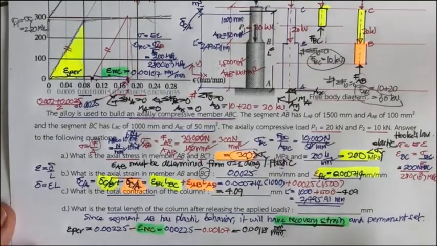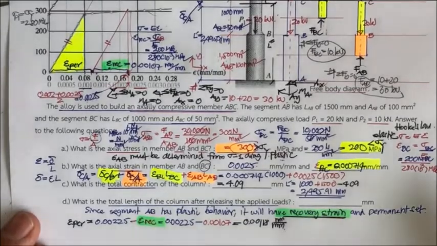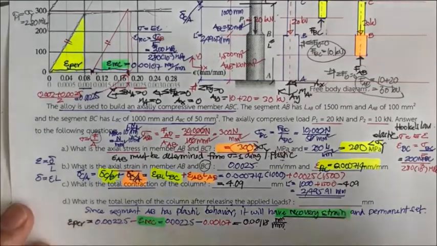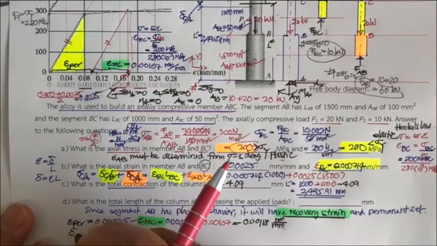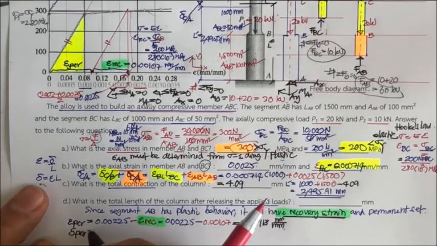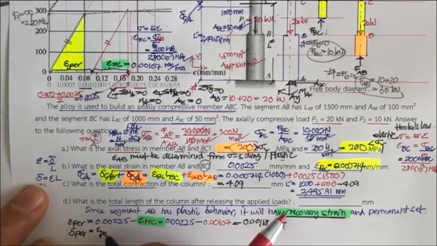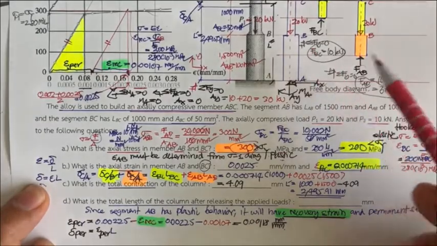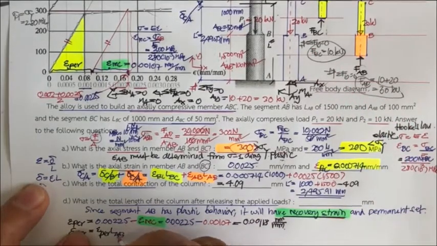Now we can determine the permanent deformation, delta PER, from this equation. Delta PER equals strain PER times L, and this is for the AB, so L sub AB.